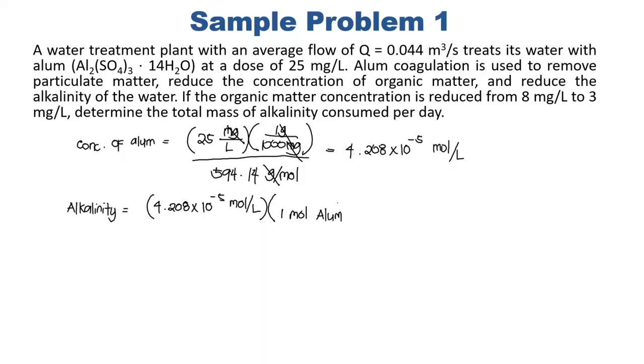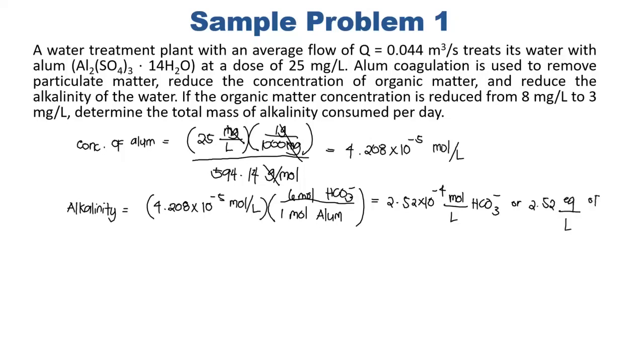So 1 mole of alum per 6 moles of hydrogen carbonate. Okay? And then we have 2.52 times 10 raised to the negative 4 moles per liter of hydrogen carbonate. So it is also equivalent to 2.52 times 10 raised to the negative 4 equivalents per liter of alkalinity. Okay, so we already have the alkalinity.